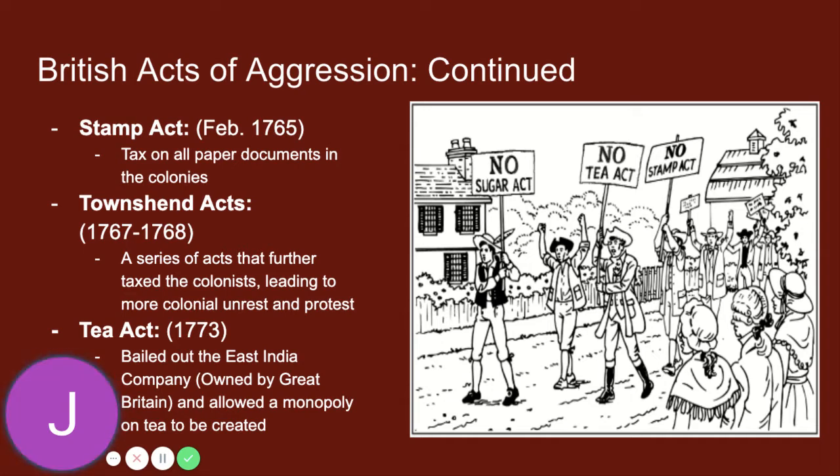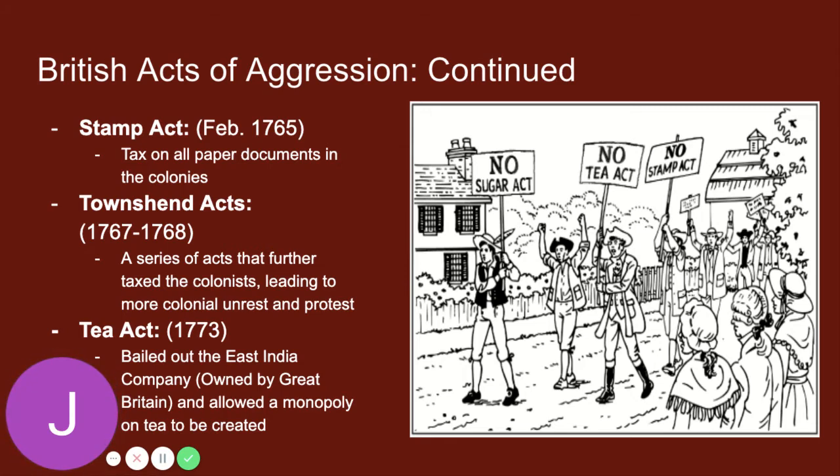The Tea Act of 1773, it wasn't another tax that went straight to the colonists per se, but it bailed out the East India Company, which was owned by Great Britain. East India Company was a super well-known and successful company that basically moved a lot of the tea in the world to different places, and it allowed a monopoly on tea to be created.